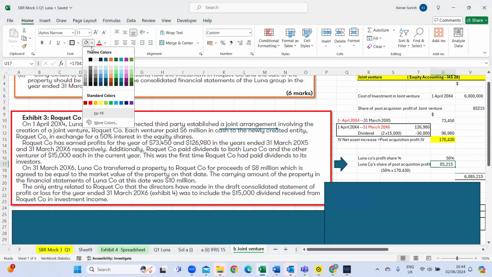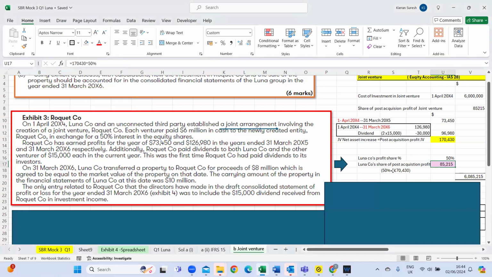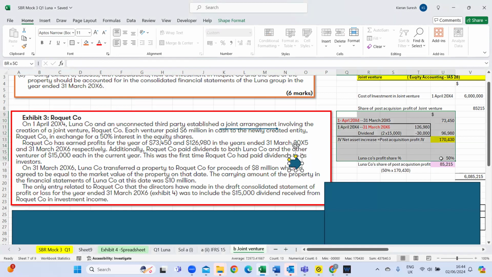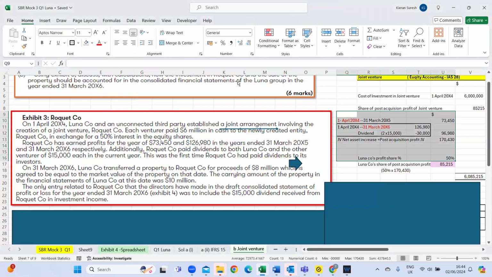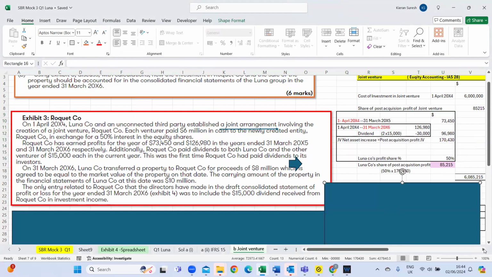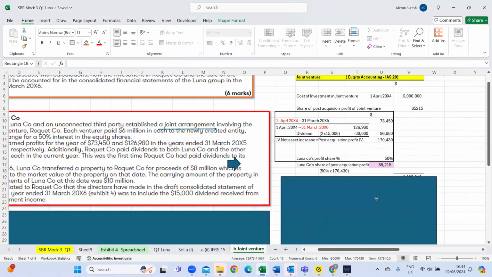This 85,215 figure is the post-acquisition share of profits. This is the post-acquisition profit that Luna Company has made from investing in a joint venture. This is what we wanted to find out, right?